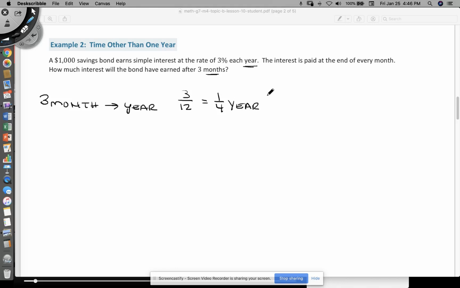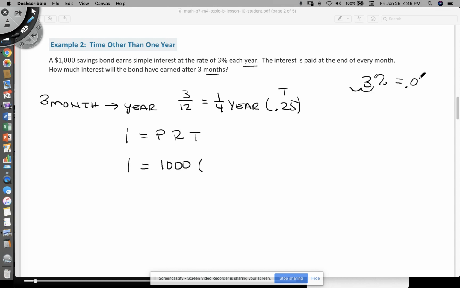Now I'm going to change that into a decimal just to make it a little easier. Since it doesn't have a repeating decimal, I can do that. So I'm going to use 0.25 for my time. So we have I equals PRT. The principal is the amount put in, which is $1,000. My R is my rate, which is 3%. I'm going to move my decimal 2 places to the left, so I get 0.03.